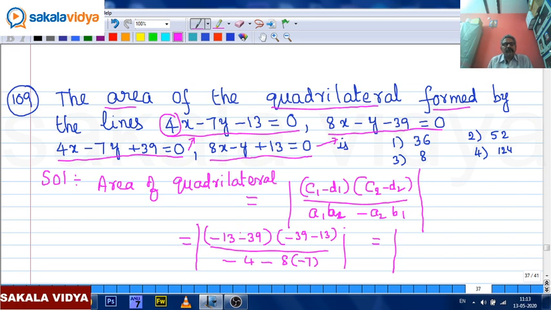So, mod of 39 plus 13 is 52, minus into minus plus, 52 into 52 by 56 minus 4, which is 52. 52 gets cancelled, we have 52. So, the second option is the right option.